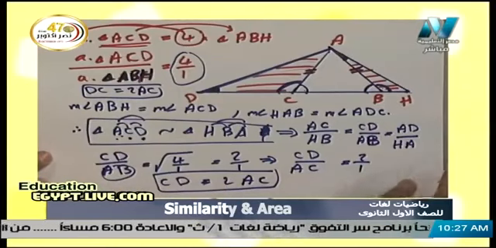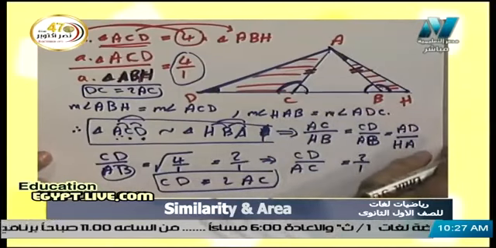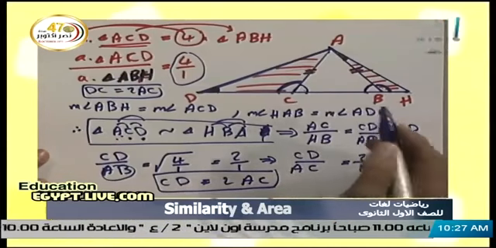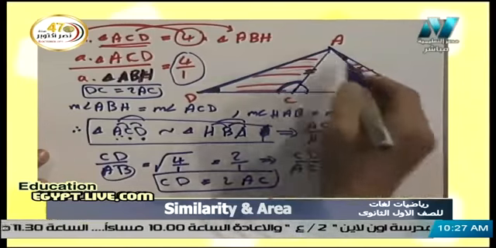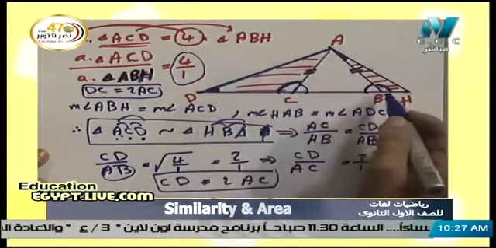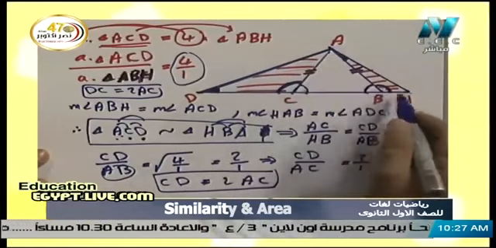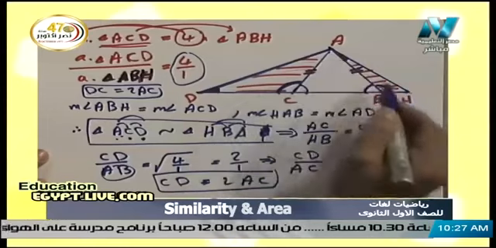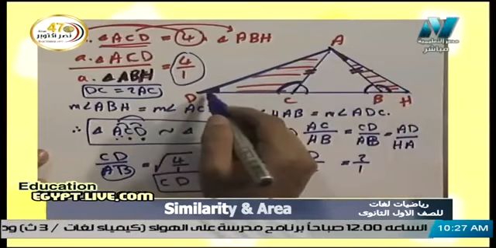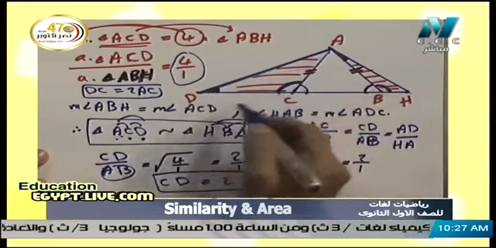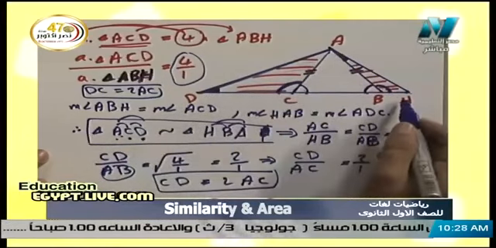Okay, let's review again these two triangles. We have benefited from our previous studying about the properties of isosceles triangle ABC. Measure angle ABC equals measure angle ACB. So measure angle ABH equals measure angle ACD. And we have measure angle HAB equals measure angle D from the given. So we have two angles equal to angles in the triangles ACD and ABH.